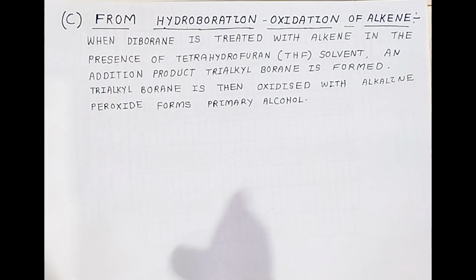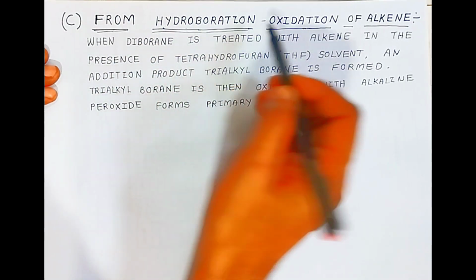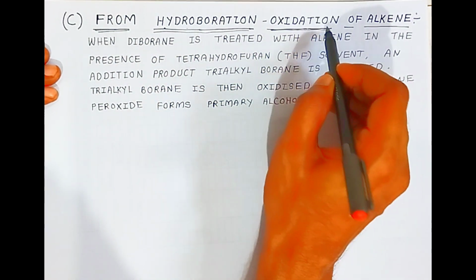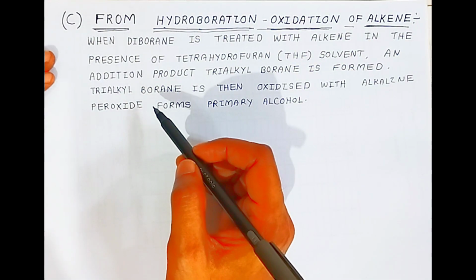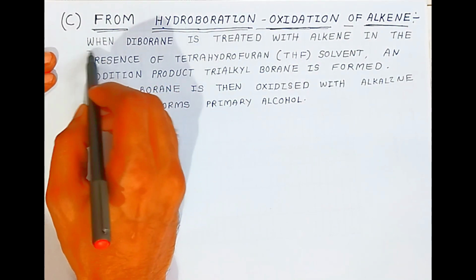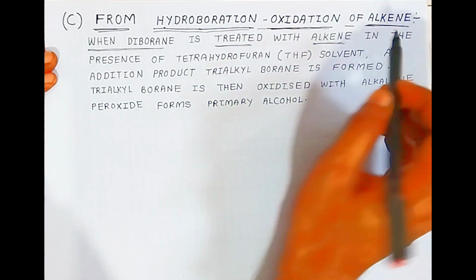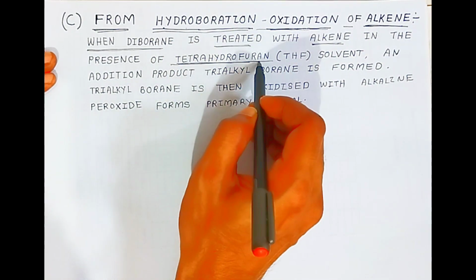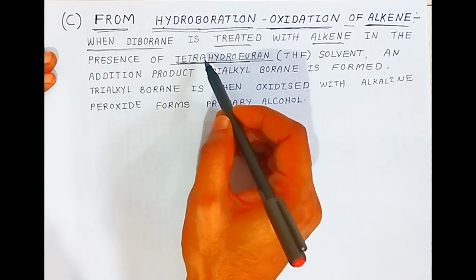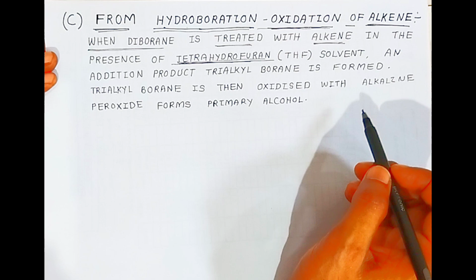The third way we are going to prepare alcohol is from hydroboration oxidation of alkenes. You have an alkene, students.